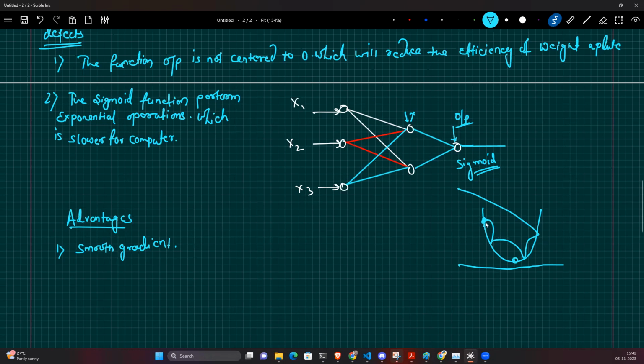Because of this smoothness, the neuron moves towards the global minima very slowly and reaches it. So the smooth gradient prevents the exploding gradient problem.